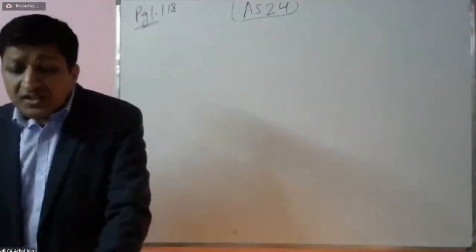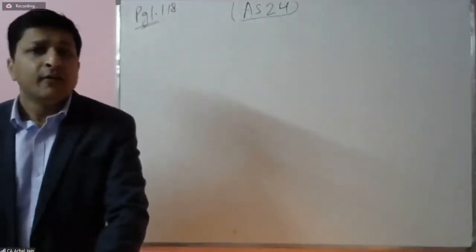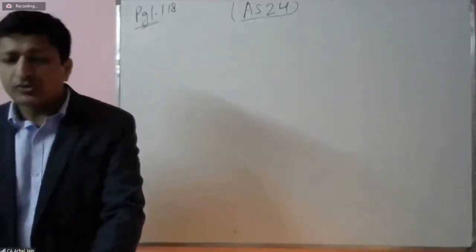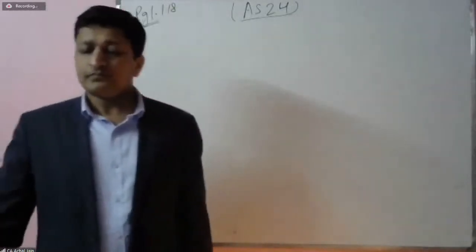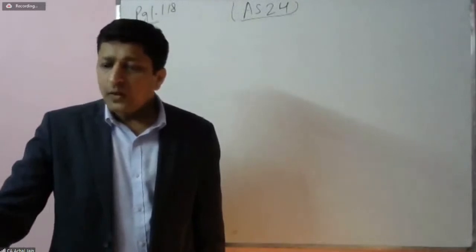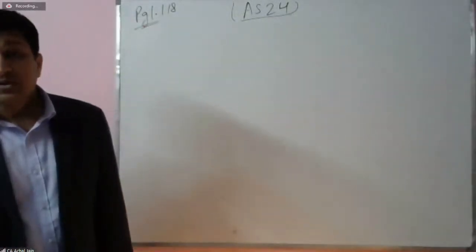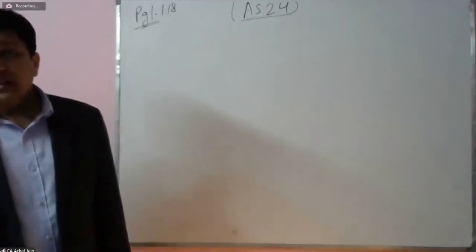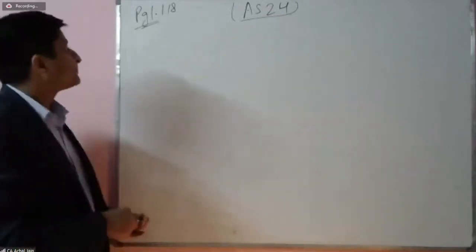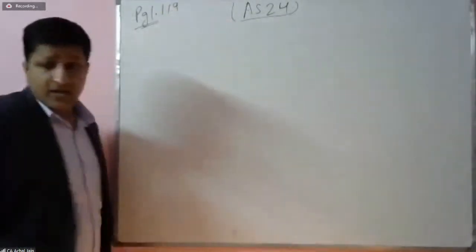This disclosure event is required to be disclosed in the notes to accounts. Now, what are the disclosure requirements? What are going to be those disclosures which you will give in the notes to accounts? Let's understand.